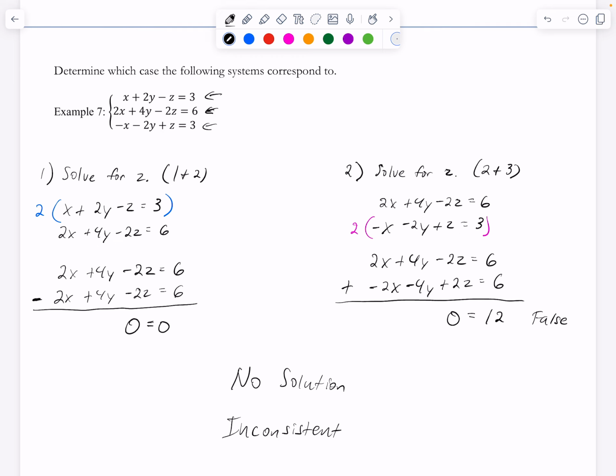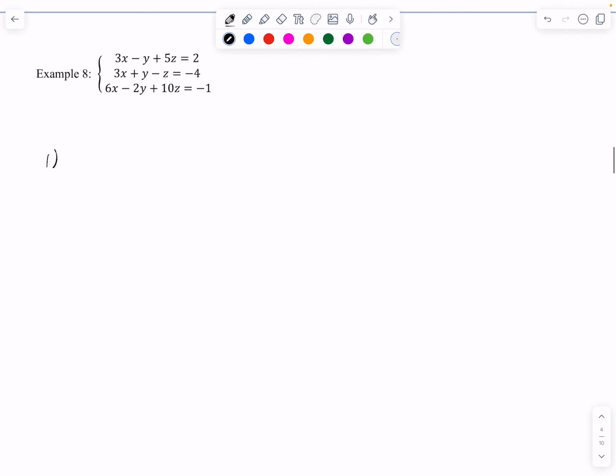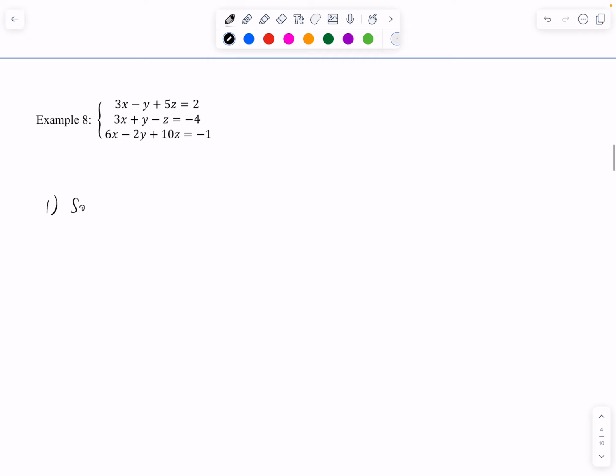All right, let's move on to example 8. Okay, so same thing. Start with number 1, where I'm going to solve for z using the first 2 equations. So 3x minus y plus 5z equals 2. Copy down the second one. I'm going to multiply my second equation by 5 to get opposites there.